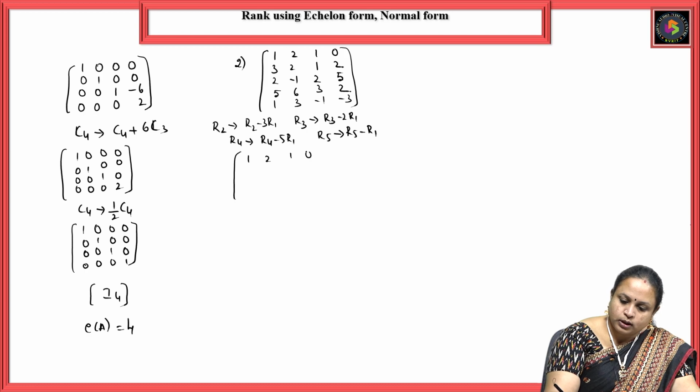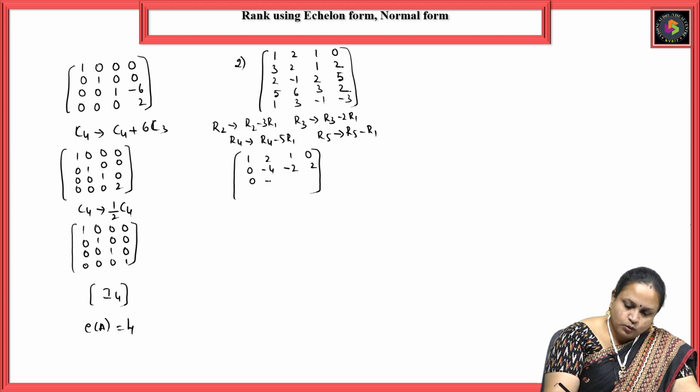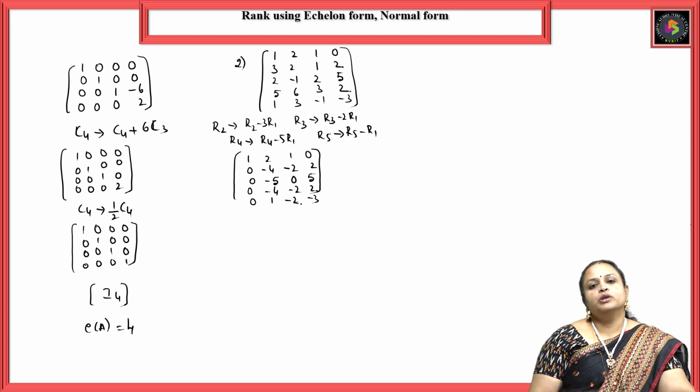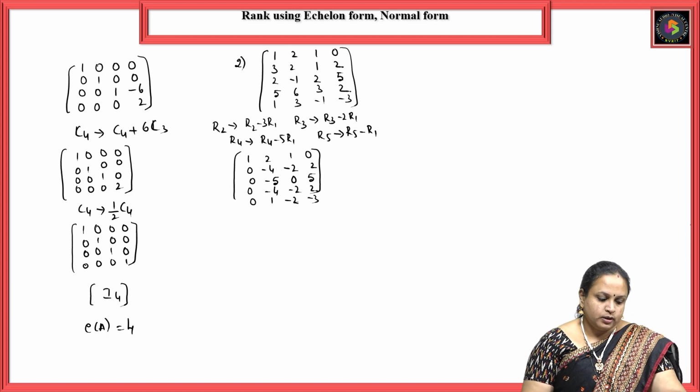1, 2, 1, 0. Then 0, minus 4, minus 2, 2. 0, minus 5. This is the matrix which we get after applying these row operations.